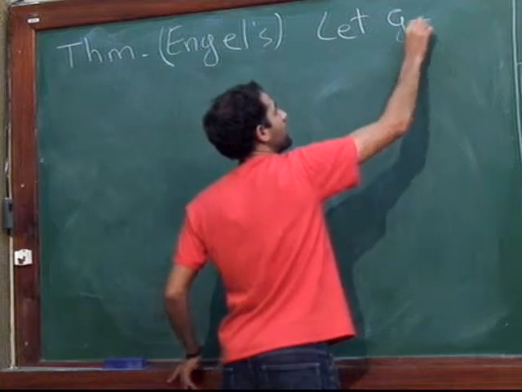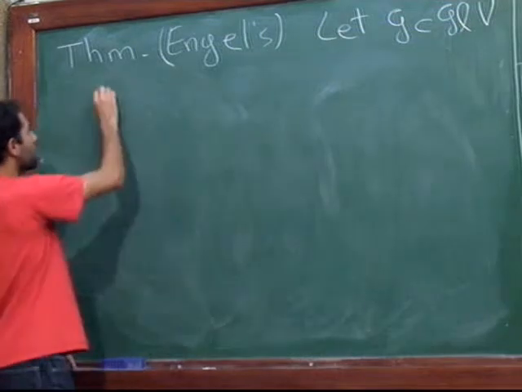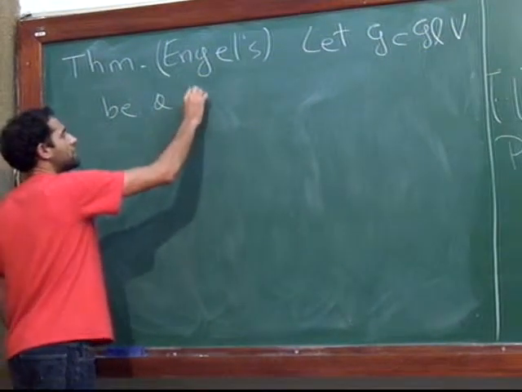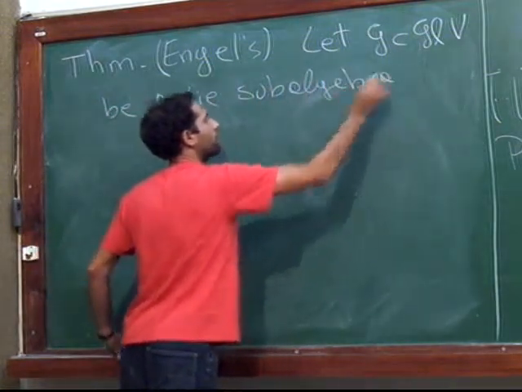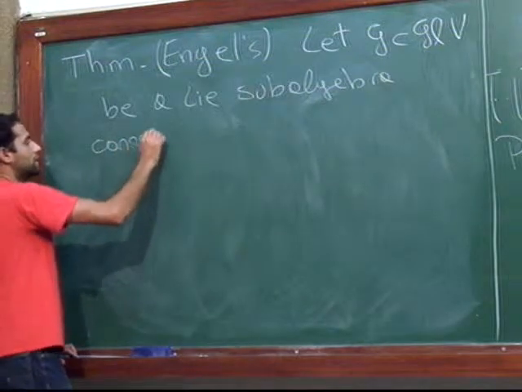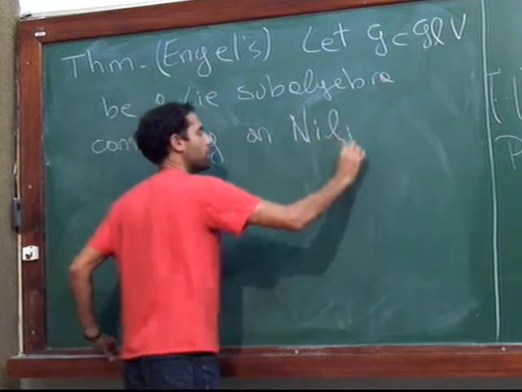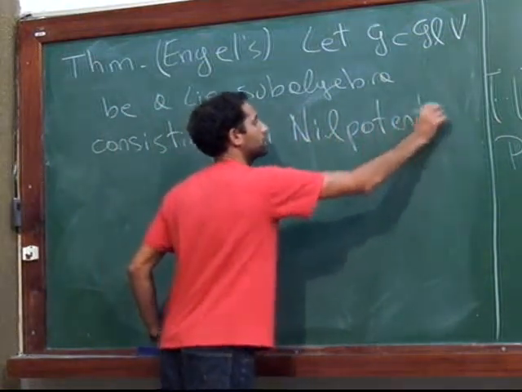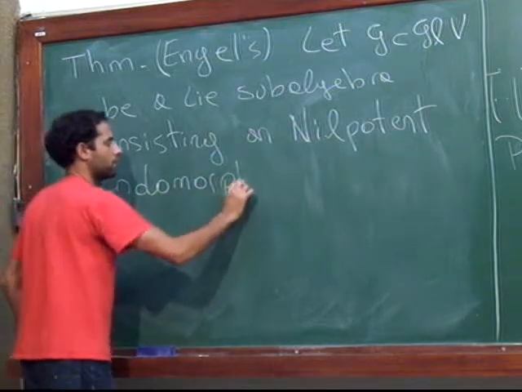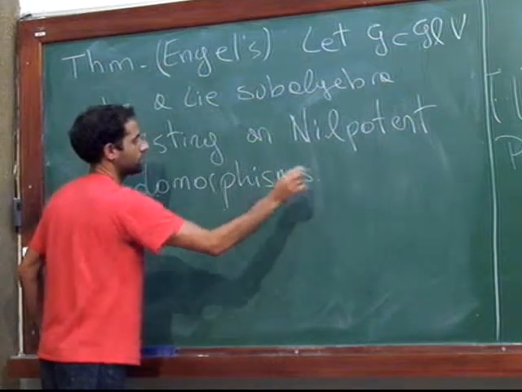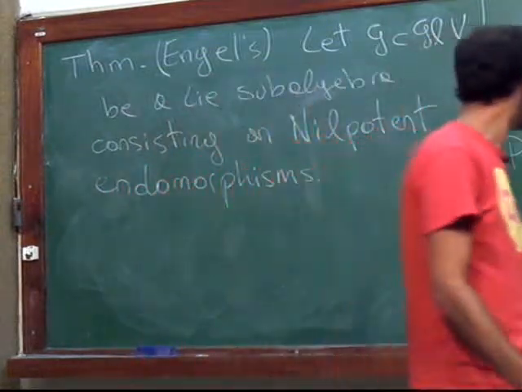Let g inside of gl(V) be a Lie subalgebra consisting of nilpotent operators. So they are nilpotent acting on V by multiplication.